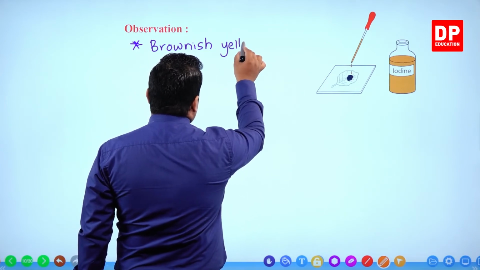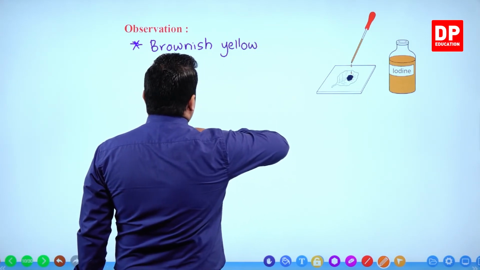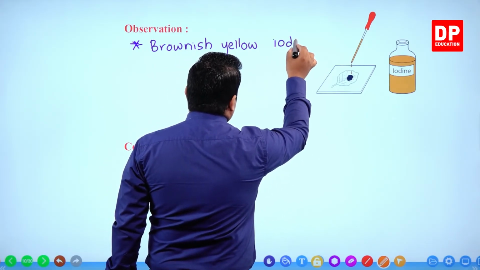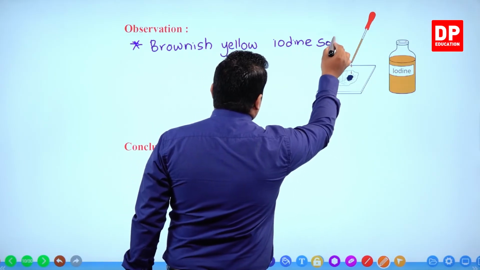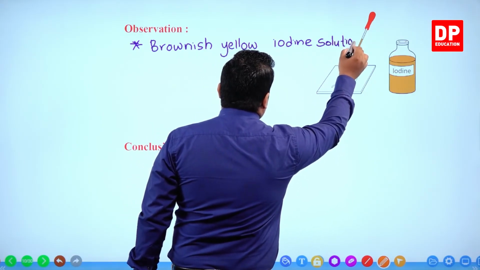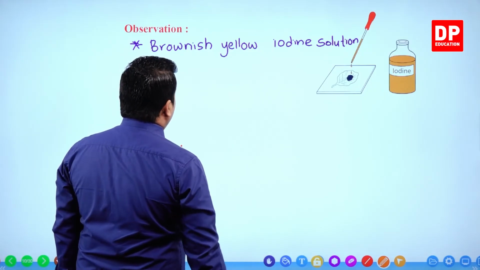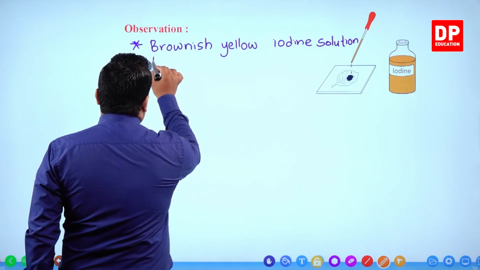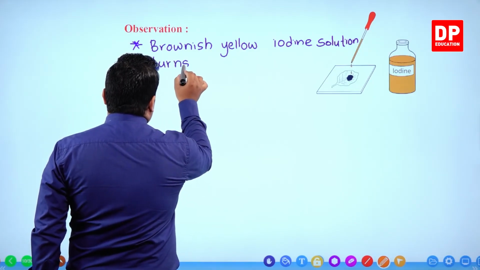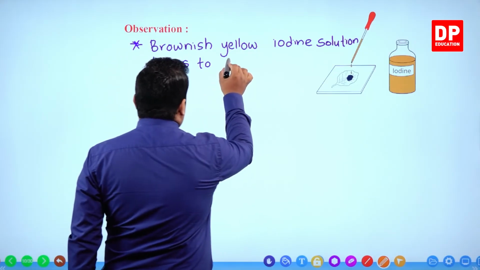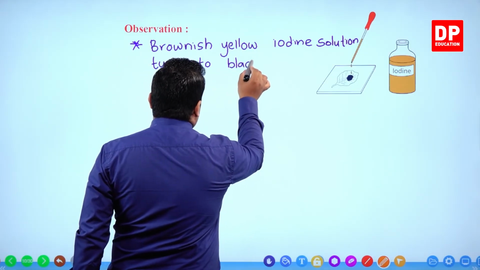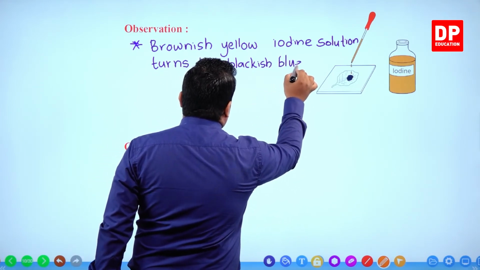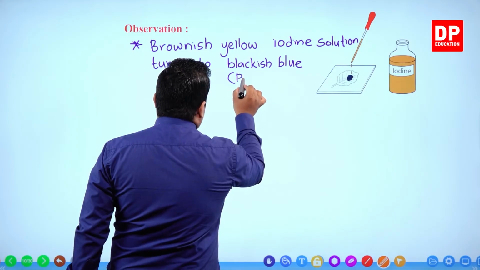Brownish yellow iodine solution turns to blackish blue, purple blue.